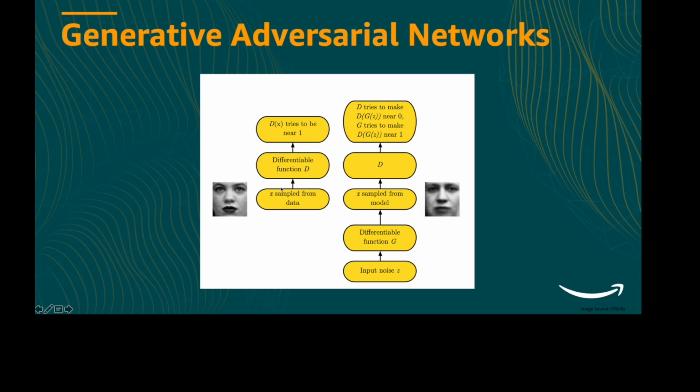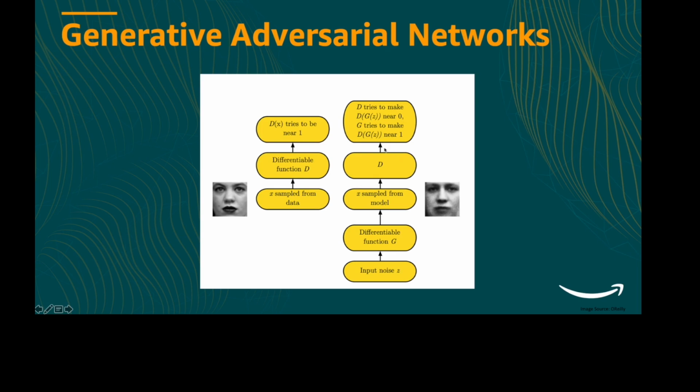Now we pass the image to the discriminator function. If we pass the real image, a good discriminator should produce output near 1, meaning it tells us it's a real image. When we pass the image generated from the generator to the discriminator, a good discriminator should make this output near 0, because it's an image generated from the generator.